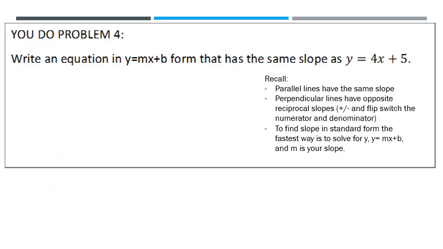Okay. Here's yours to do. It's pretty easy. Everyone's answer is going to vary. It's just making sure you're understanding the vocabulary. It says write an equation in y equals mx plus b form that has the same slope as y equals 4x plus 5. So you're trying to create a parallel line. Yours can be anything. It's going to vary from person to person.